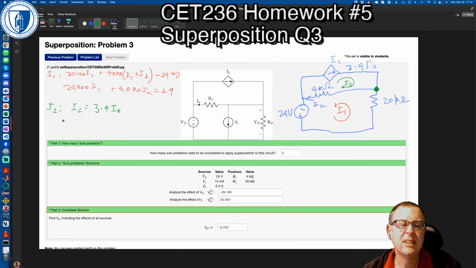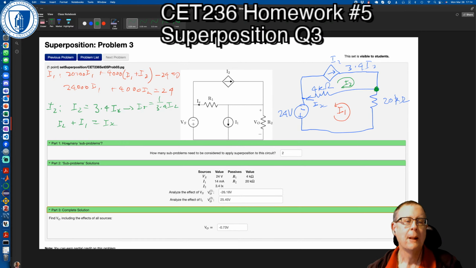It says that I2 plus I1 equals Ix. So you can rewrite this to say Ix equals 1 on 3.4 I2. So that's (1 minus 1 on 3.4) times I2 plus I1 equals 0.